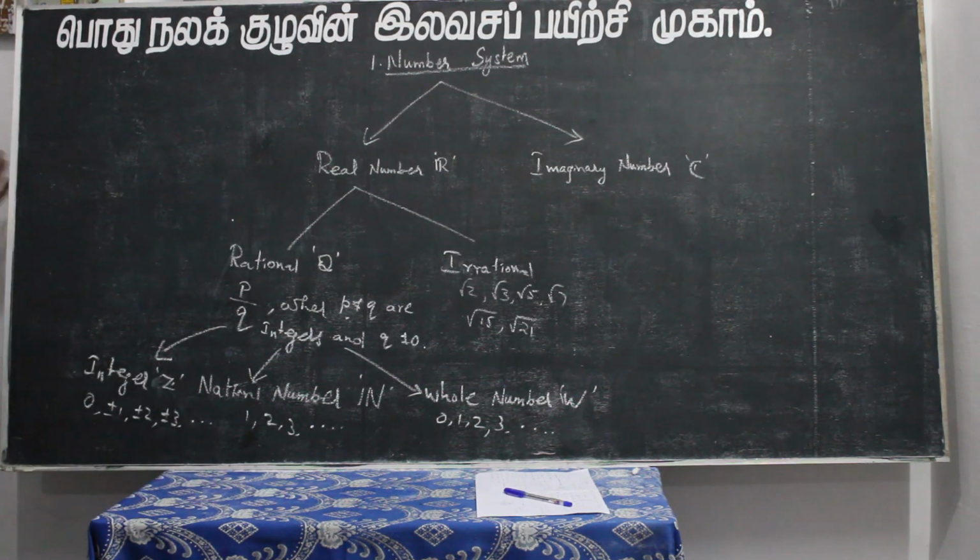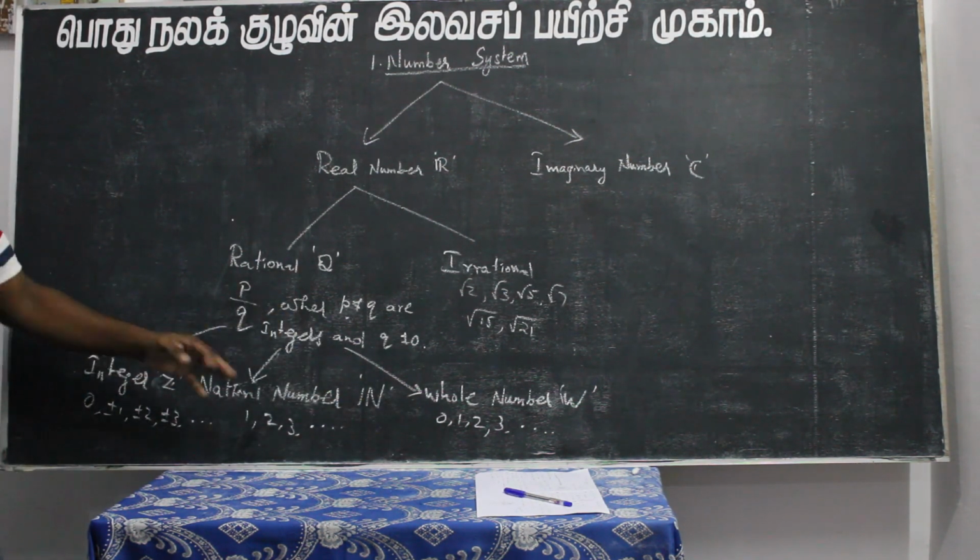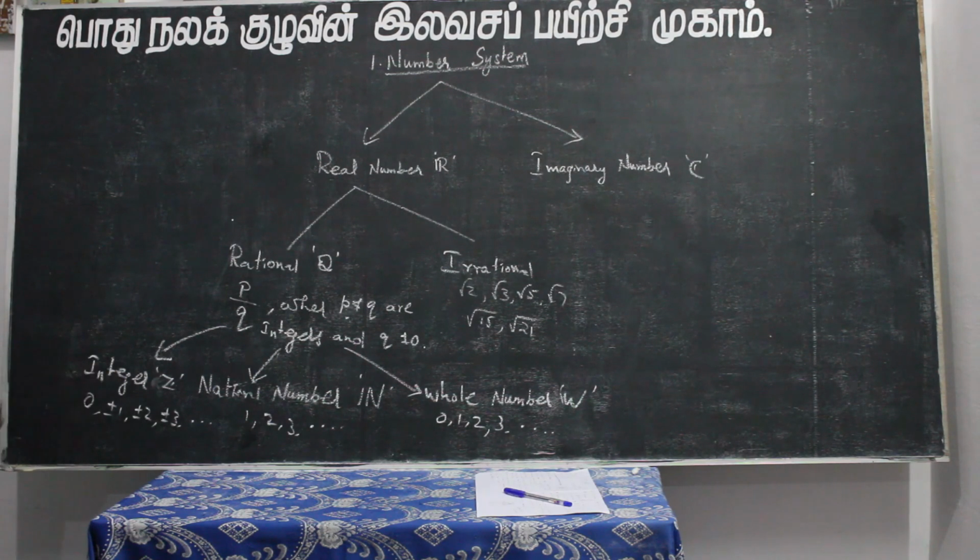So integers contain both whole numbers and negative natural numbers.